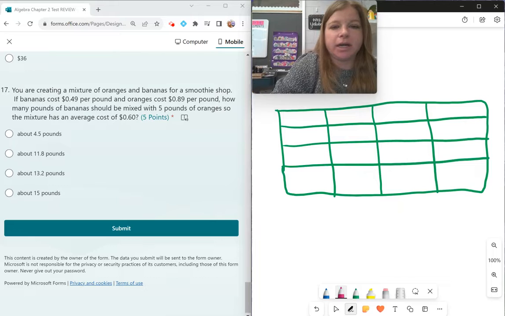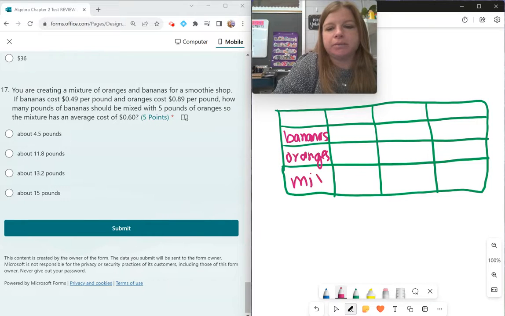Okay, so in my chart, I'm looking at bananas, oranges, and the mixture. I'm looking at pounds, price, and total.